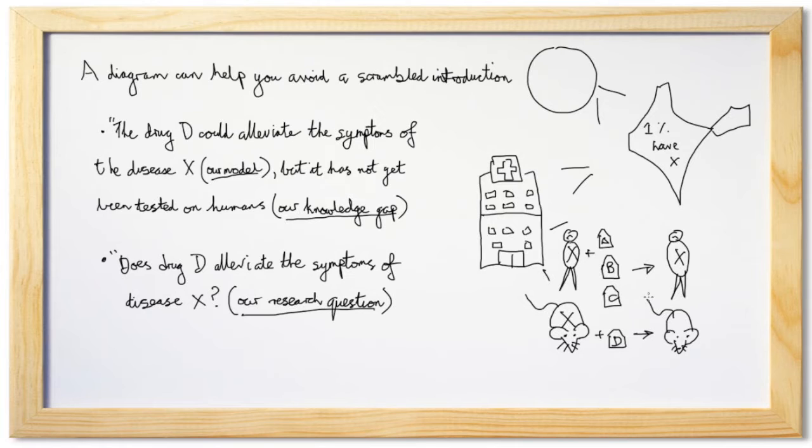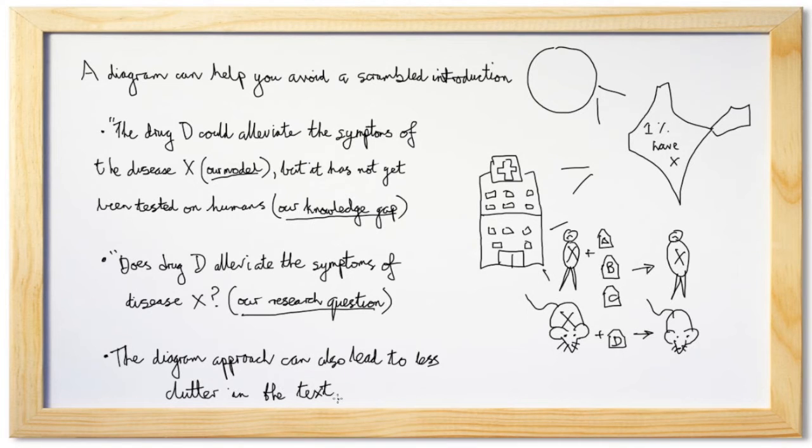Now, the drawing first approach also seems to have another benefit. It seems to reduce the impact of one other contributor to scrambled writing, where writers add in lots of unnecessary information that goes off at a tangent to the main line of thinking. The lead up to the research question is not, and I repeat, not a review of the literature.